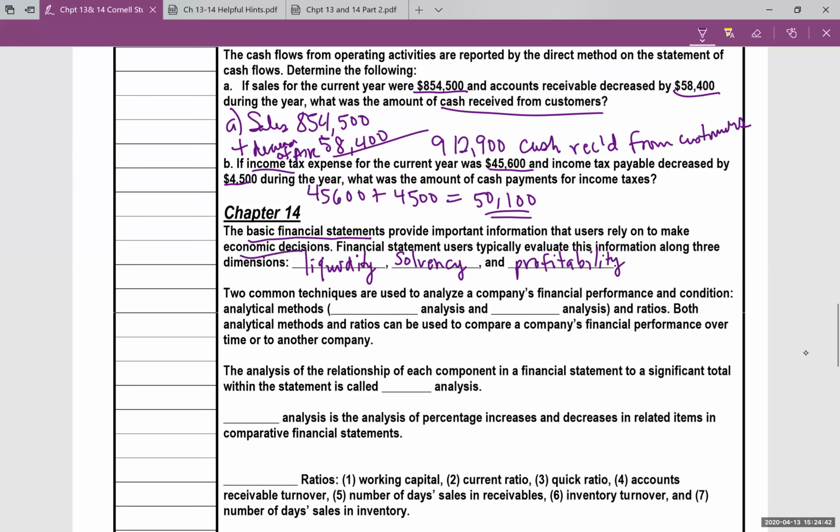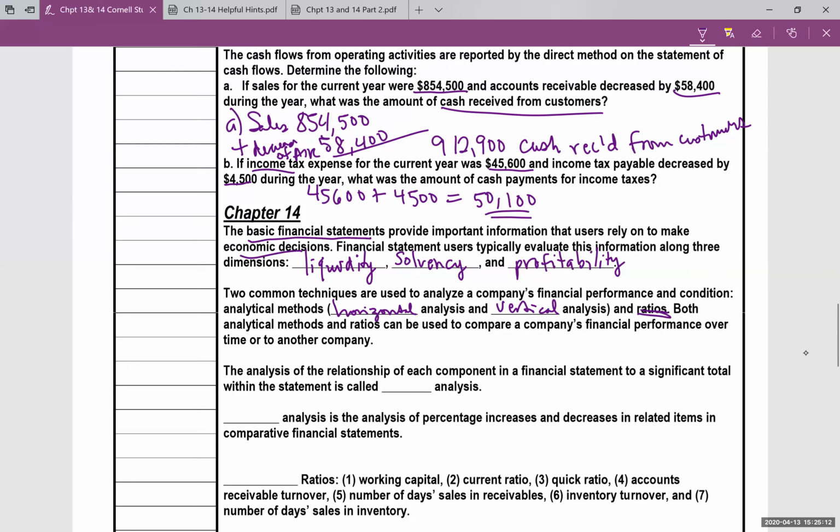Profitability. So 2 common techniques are used to analyze a company's financial performance and condition. Analytical methods, known as horizontal and vertical analysis, and also these ratios that I've been talking about. Both analytical methods and the ratios are used to compare a company's financial performance over time or to another company.